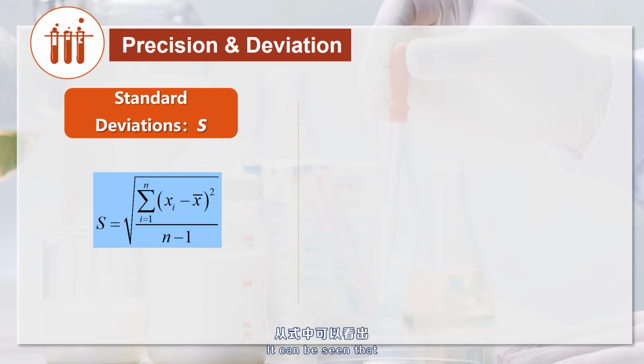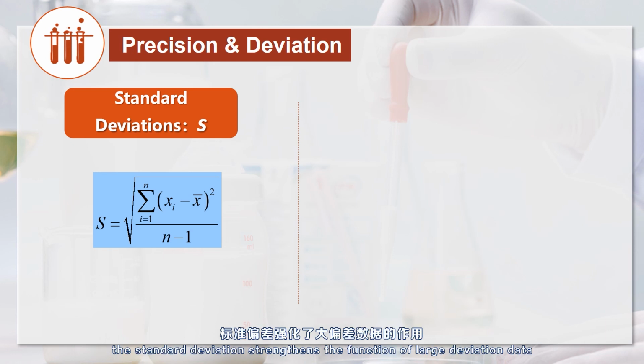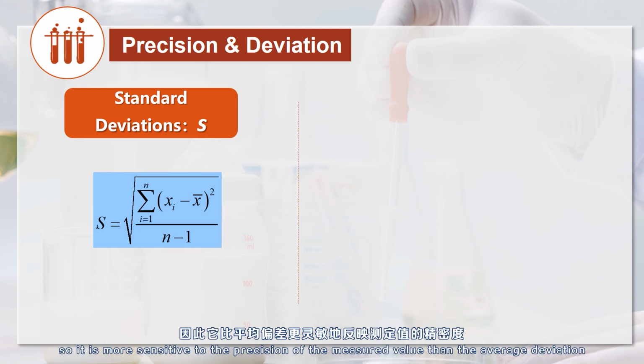It can be seen that the standard deviation strengthens the function of large deviation data, so it is more sensitive to the precision of the measured value than the average deviation.